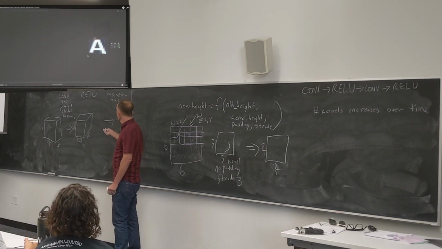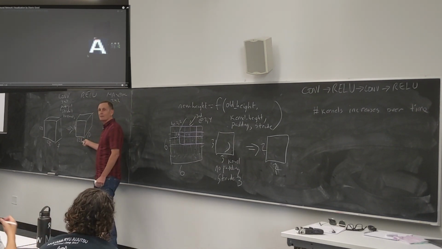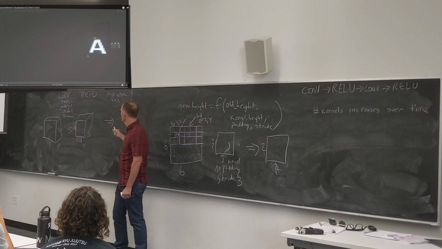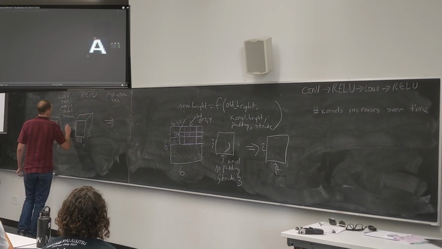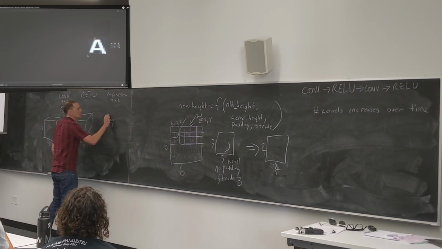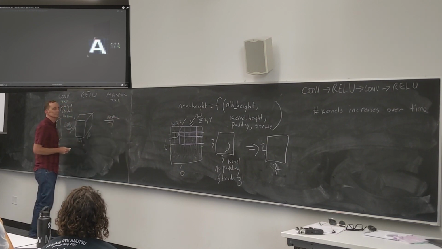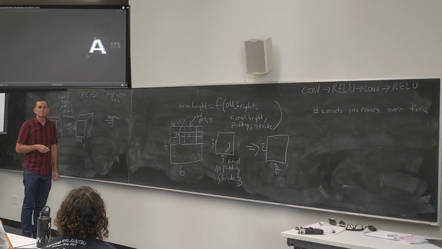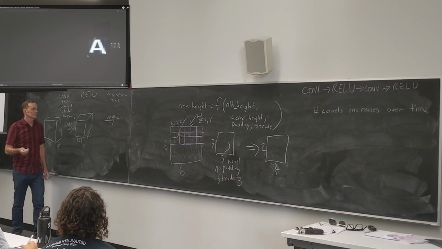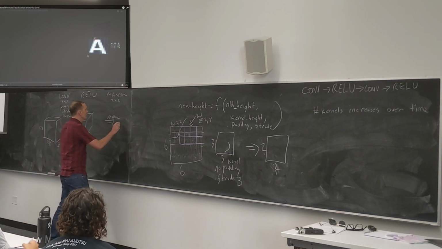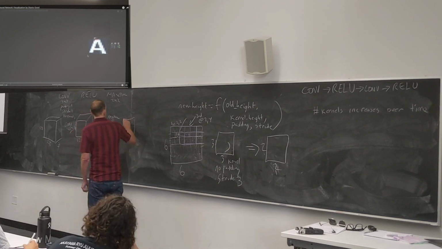So we have a 128 by 128 by 10 coming into the max pool. Coming out of the max pool, what are our dimensions? 64 by 64 by 10. 64 by 64 by 10. So that is exactly right.